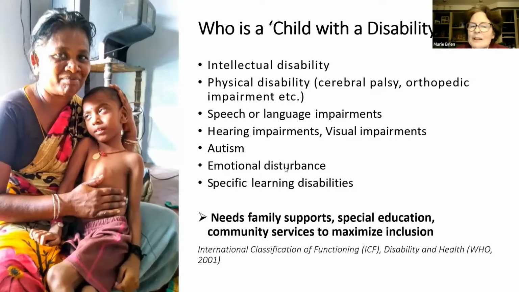They may have a developmental delay that may be related to the environment in which they are being brought up. It may be nutritional deficiencies, or other reasons, and they might have developmental delays that may be caught up if provided with proper early intervention. They may as well have a defined disability. For any of these, what the family needs are supports. The child needs special education and community services to maximize their inclusion.